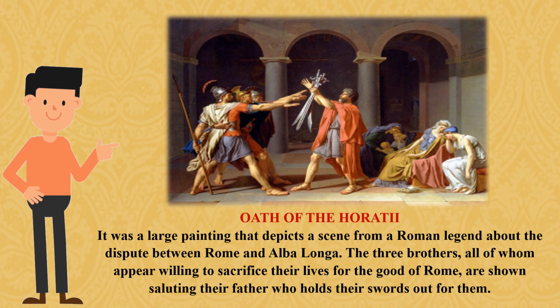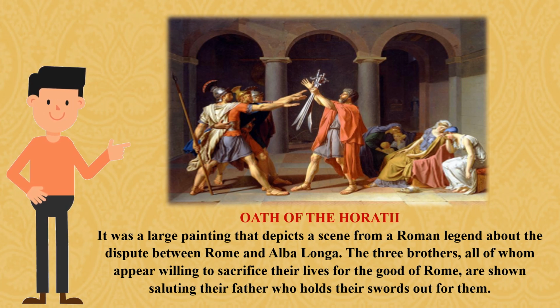So it was a large painting that depicts a scene from a Roman legend. When we say legend, it is a traditional story, sometimes popularly regarded as historical but unauthenticated.